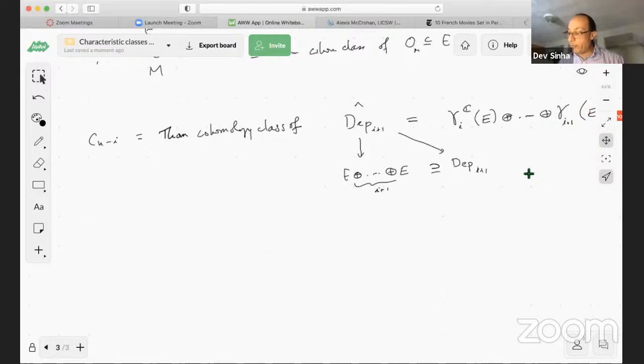But then I want i+1 points. And then this sits over E plus E plus E, because I just remember those points in the image, again, because I've forced things to be sitting inside an i-dimensional subspace.